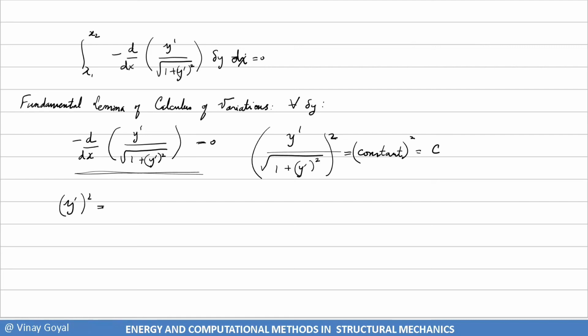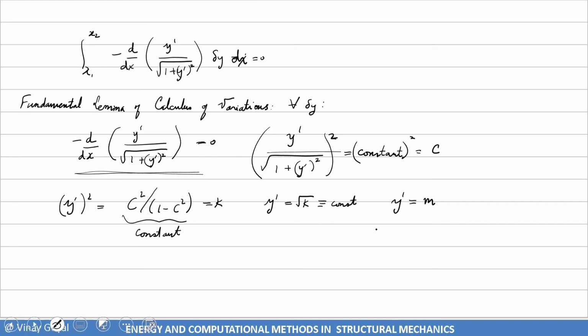It's going to look like this, c squared over 1 minus c squared. But guess what? This is a constant again. Call it k. So y prime is now the square root of k. Well, guess what? That's another constant again. But y prime equals a constant. Call it m. Integrate y prime, and so you get y equals mx plus another constant.